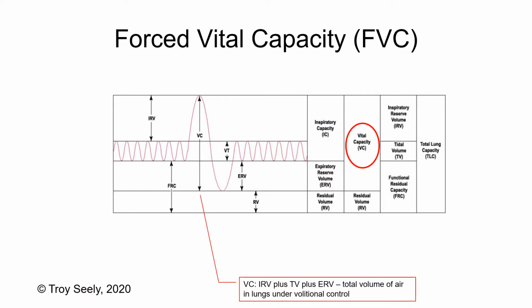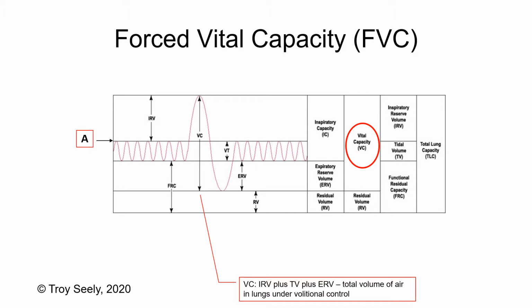So now coming around to a new concept called forced vital capacity. The vital capacity is the inspiratory reserve volume, tidal volume, and the expiratory reserve volume. We can assess this to get a sense of the physiological function of a person's lungs.